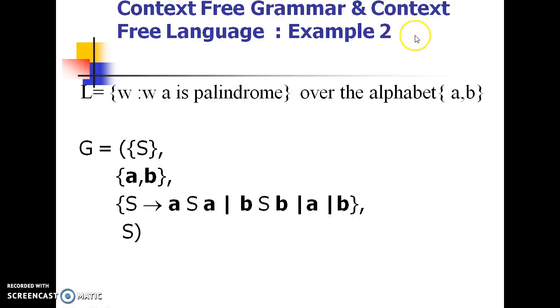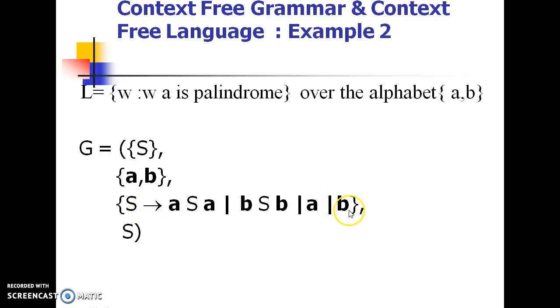Consider another example: the language consisting of all strings w, where w is a palindrome over the alphabet a, b. The simplest non-zero length palindromes we can get are a and b.